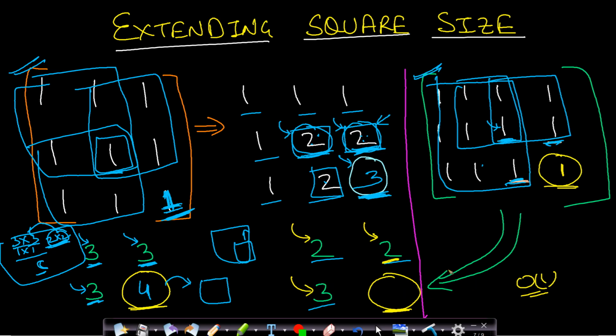So if you put a 1 here, then the new square matrix size will be the minimum of these 3 elements plus 1, which will be equal to 3. This can be seen from this example only. Here the maximum square submatrix having all ones is 3 by 3. It will not be 4 by 4. So I hope you got the reason why we are taking the minimum of top, diagonal and left.